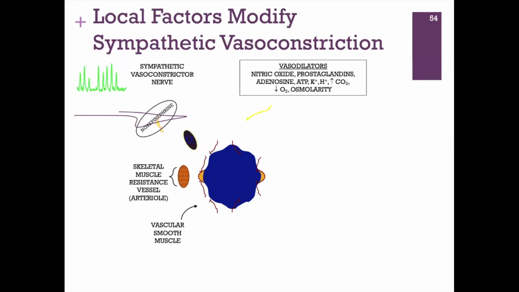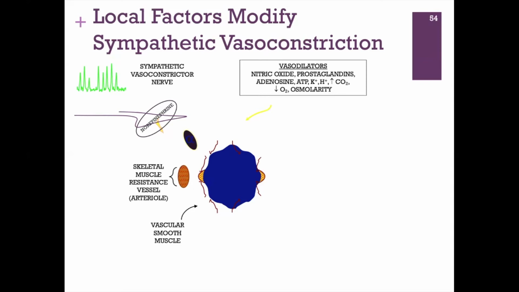However, when the muscles are working, we get a buildup of byproducts of metabolism, like nitric oxide, prostaglandins, adenosine, ATP, potassium, and hydrogen ions. We get an increase in carbon dioxide and a decrease in oxygen at the level of the blood right around where this activity is happening. So we have messages being sent from the brain that say we need to contract all of our blood vessels to redistribute blood.